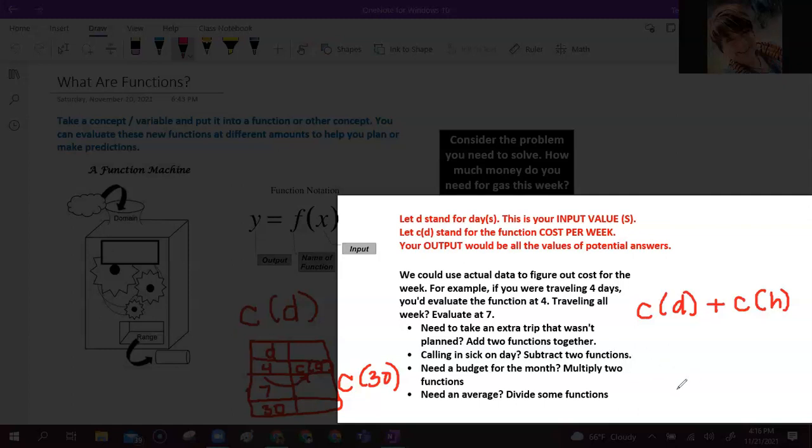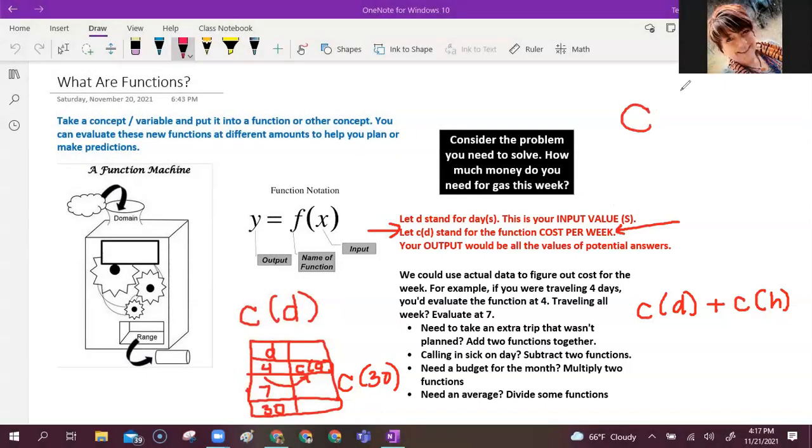Another thing you can do, maybe you need to find your budget for the whole month. If you've got your budget for the week already, because we know what that is, that's C of D. It already tells us this right here. So we already know what the cost for the week is. The cost for the week is C at D. So let's say that we wanted to find it for the month.